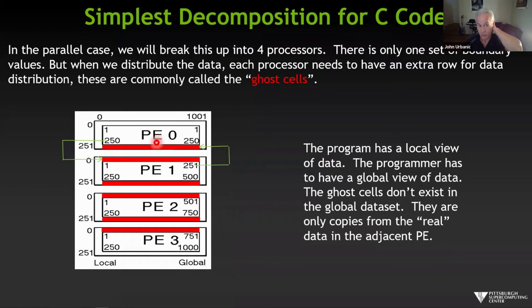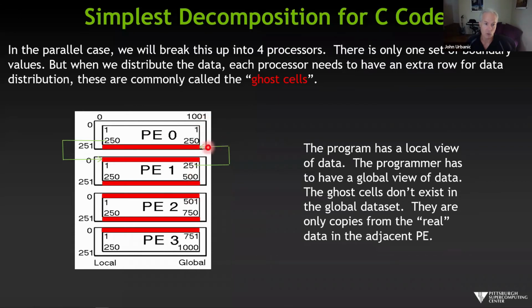Meanwhile, PE0, for row 250, its bottom real row, needs to know what's going on in the topmost row of PE1. So it needs to get a copy of row 1 from PE1 up here into PE0. And so we need to copy these buffers around. So these are kind of overlapping rows right here. These are our real original coordinates, going from 1 to 250 here, 251 to 500.